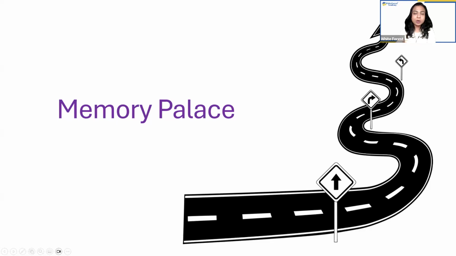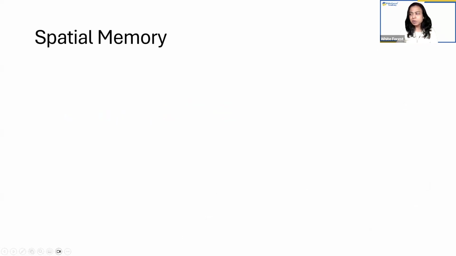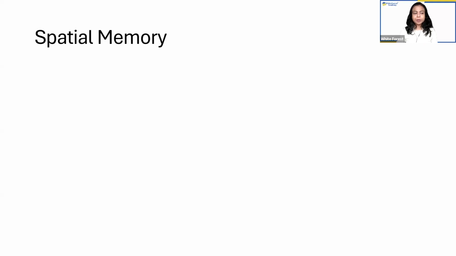So memory palace is a concept wherein you can actually place information in space, on your spatial memory. What is spatial memory? So it's the memory of us storing maps inside our head, right?